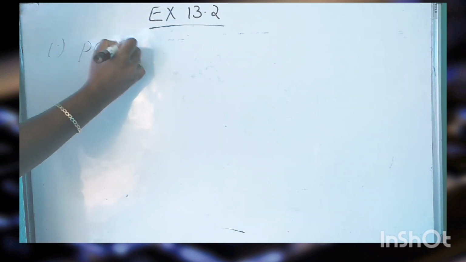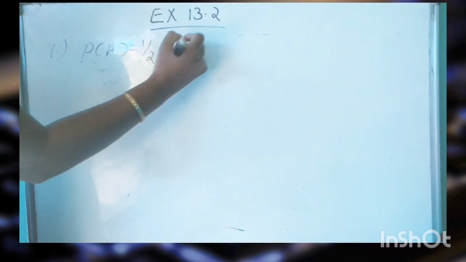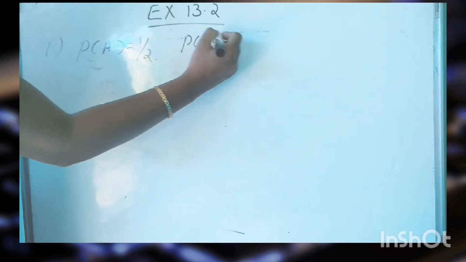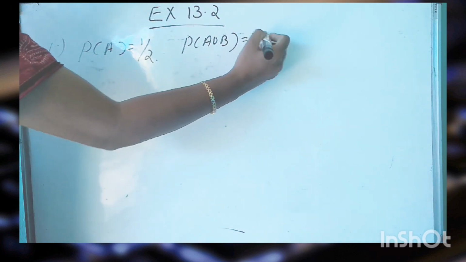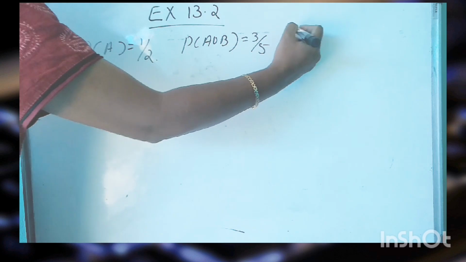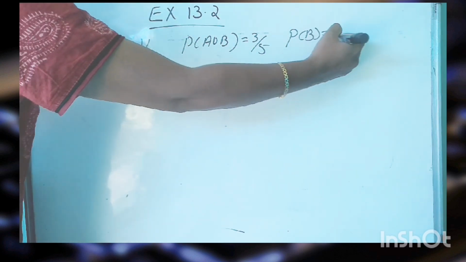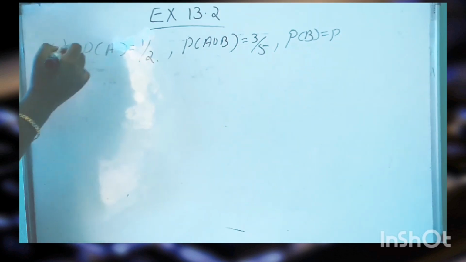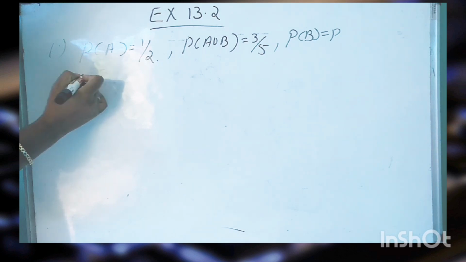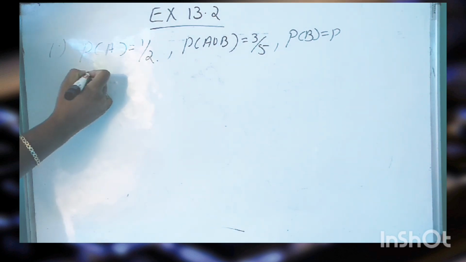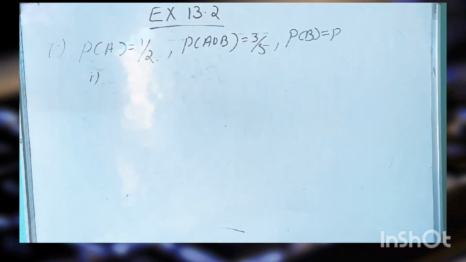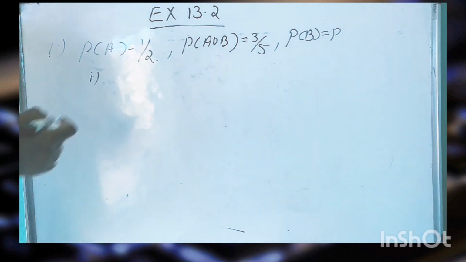P of A is equal to 1 by 2. P of A union B is equal to 3 by 5 and P of B equal to P. First sub question, mutually exclusive. A and B are said to be mutually exclusive.